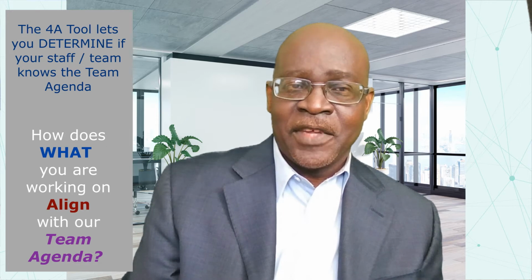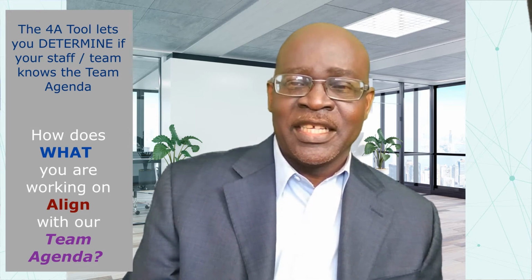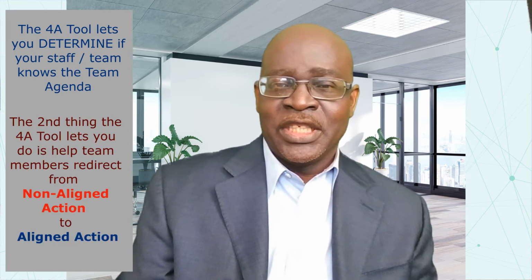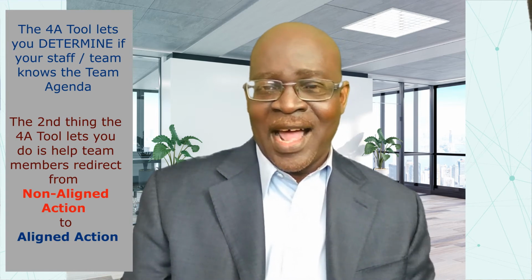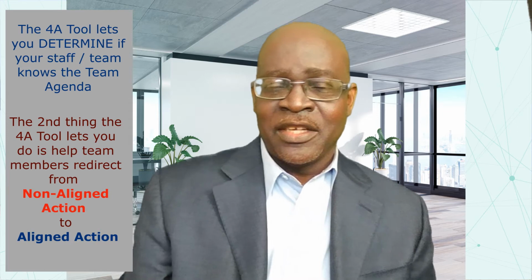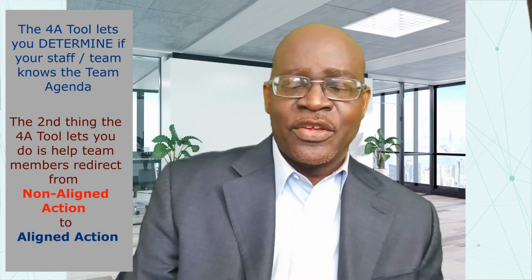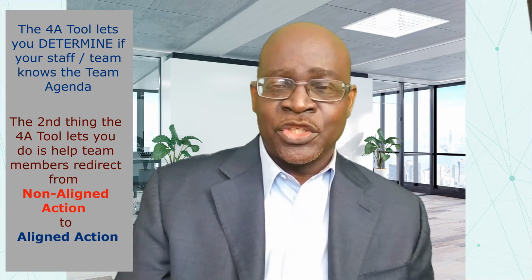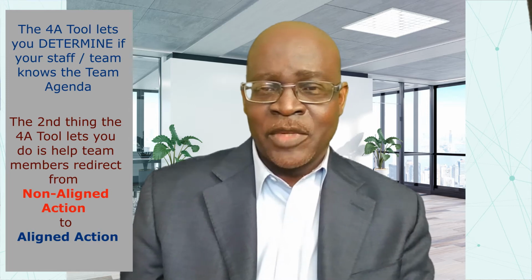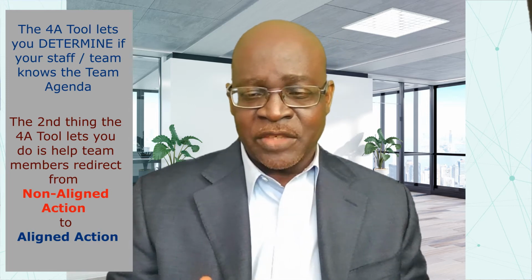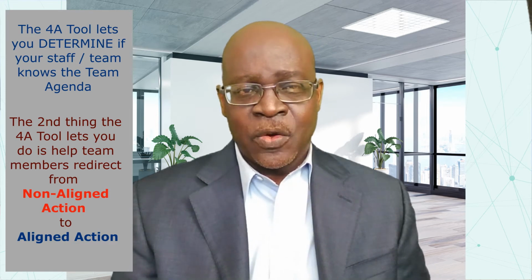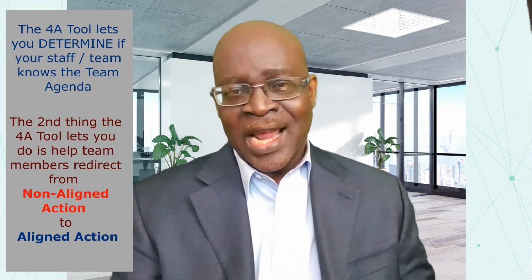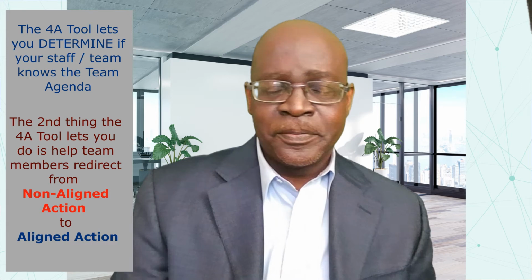Now, if John knows what the team agenda is, but he can't really tell you whether or not his project aligns with the team agenda, then again, you have some education to do so that you can help him redirect his resources, his time, and his energy into a project or into an action that is more aligned with the team agenda.